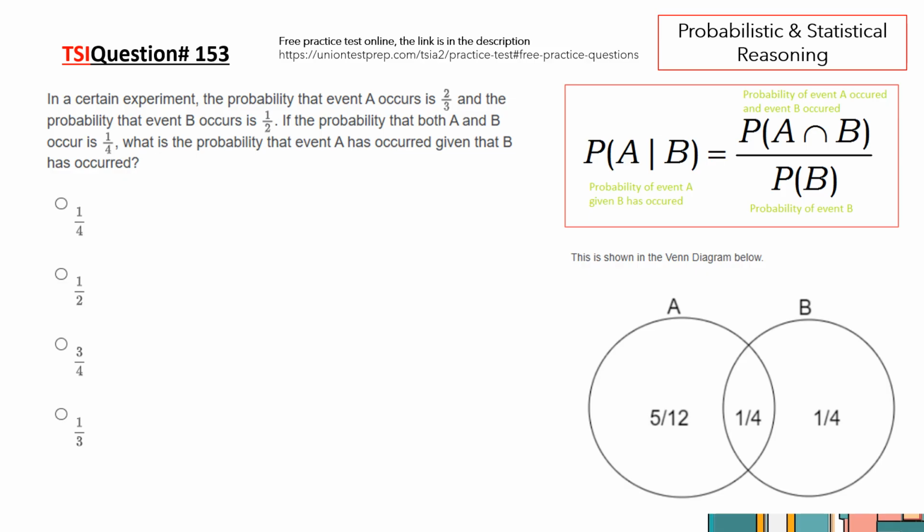So we have to know the formula for the probability that event A has occurred given that event B has occurred.